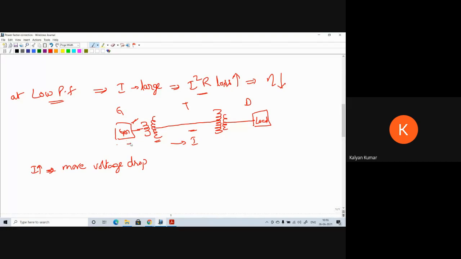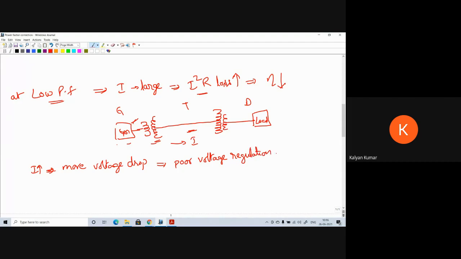this alternator as well as transformers and transmission lines will have certain amount of impedance. So I into Z gives the voltage drop in the transformers, transmission lines and alternators. So the voltage drop is going to increase. As a result, the regulation will become poor. Poor voltage regulation.